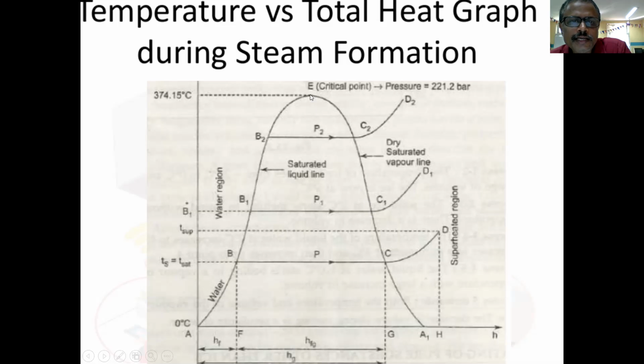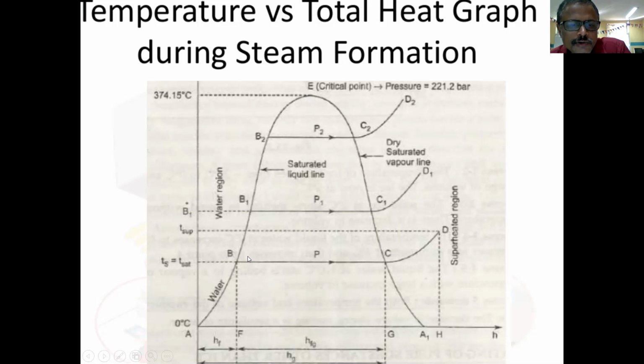Then at the critical point, the water starts getting converted into steam the moment it reaches its boiling point. That is, once you reach the boiling point, the water is converted to steam directly, at this particular critical point. That is seen by this graph.